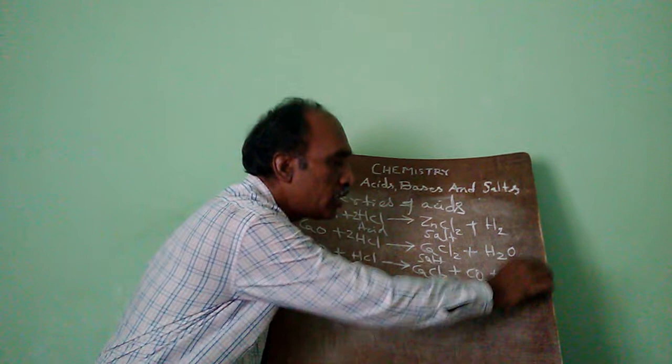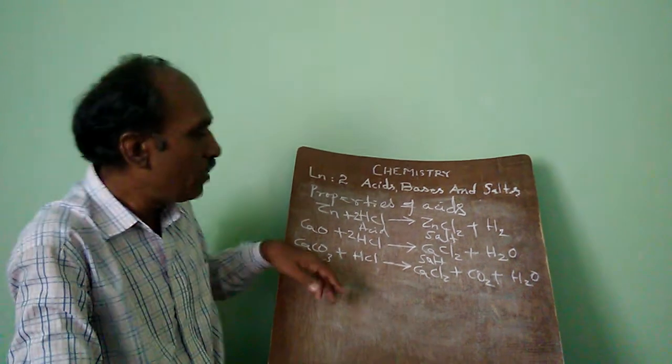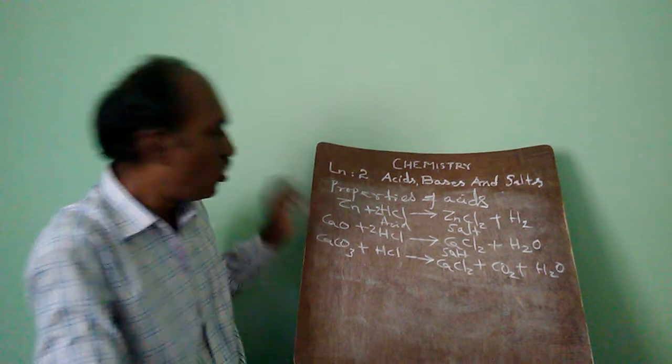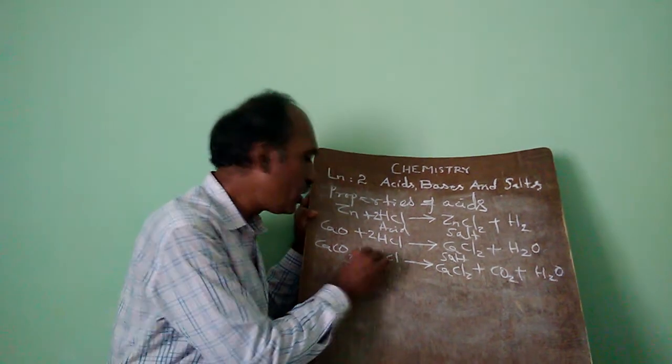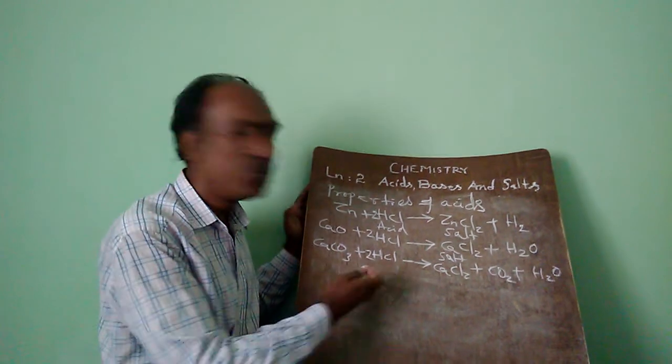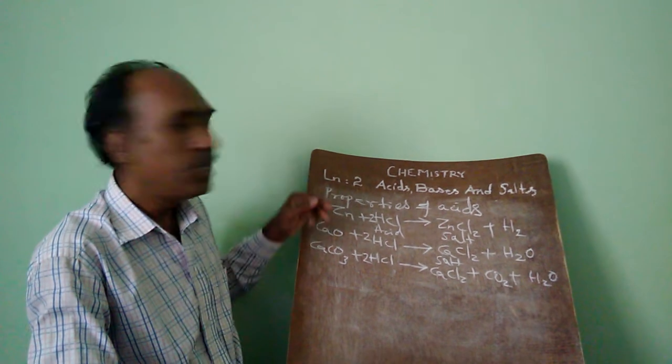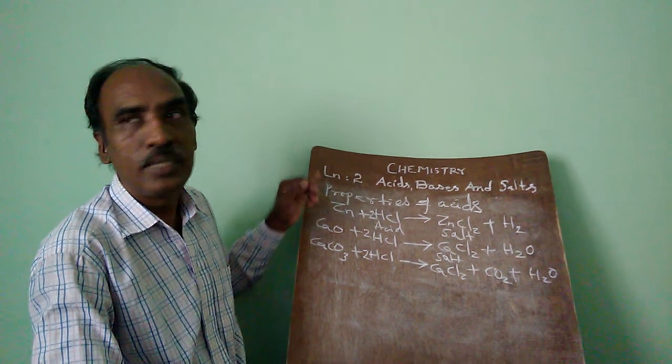Here also, to balance this we put 2 here. Now this is a balanced equation. So these are the chemical properties of acids.